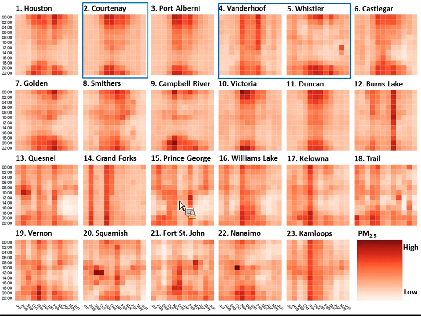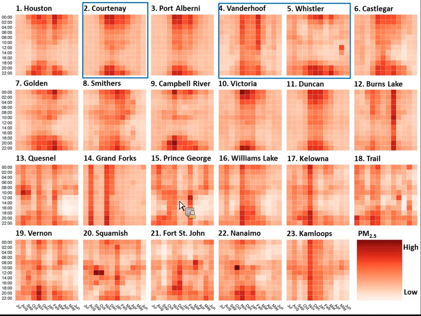This other listener said, I heard that PM 0.3 is a new concern due to its direct effects on the brain. Are there any studies from UBC or BC CDC around that? So Mike is probably better off answering this question than me, but I'll give it my best shot.